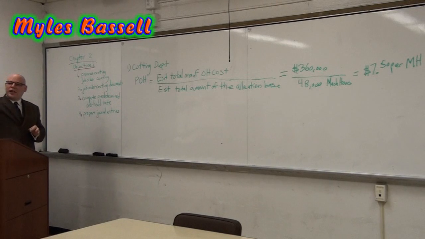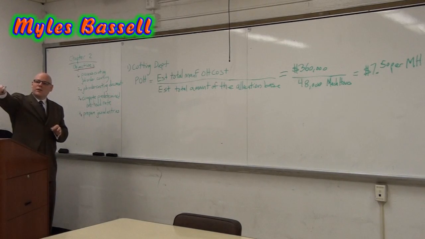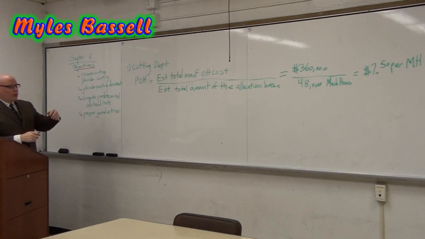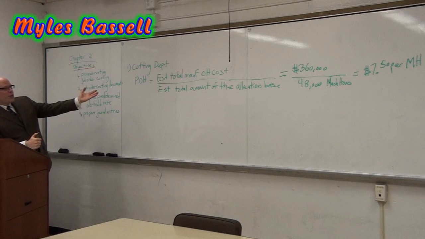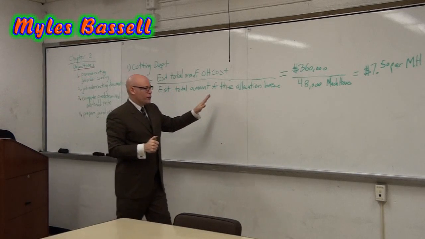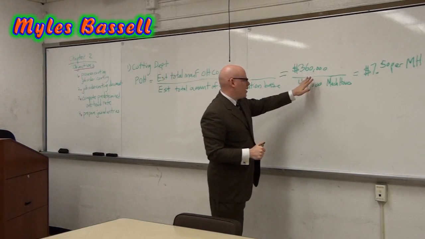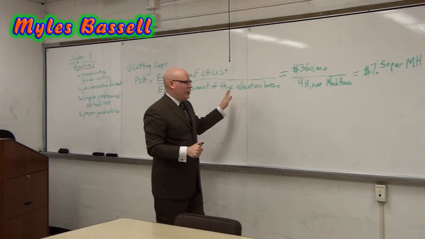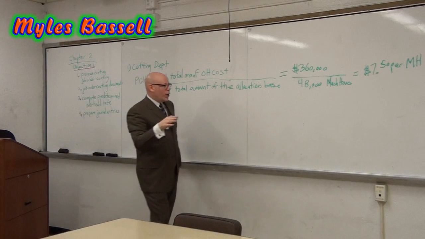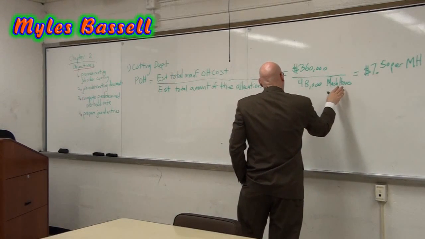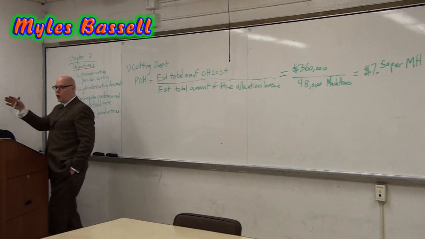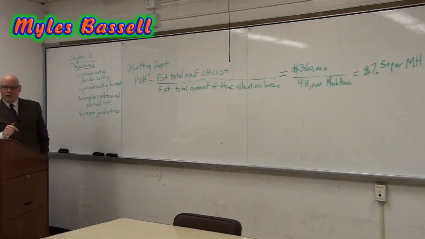Tell us your name. Greg. Greg said this is an estimate. So that's what we've calculated here. We take the total manufacturing overhead cost, which is $360,000. And in this case, they tell us that when they operated the machine for 48,000 hours, their manufacturing overhead cost was $360,000.